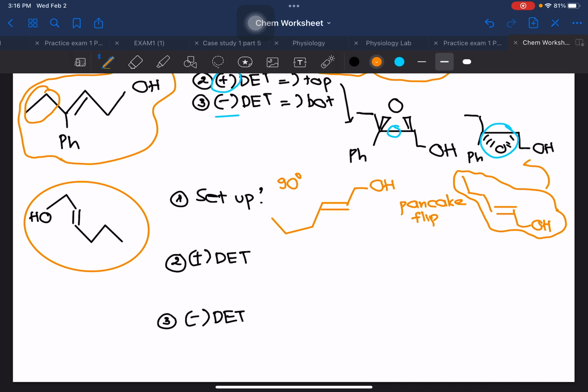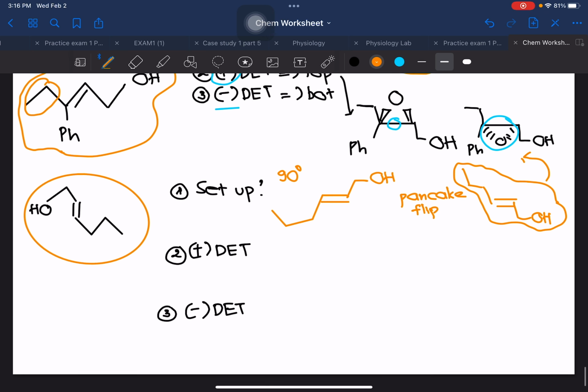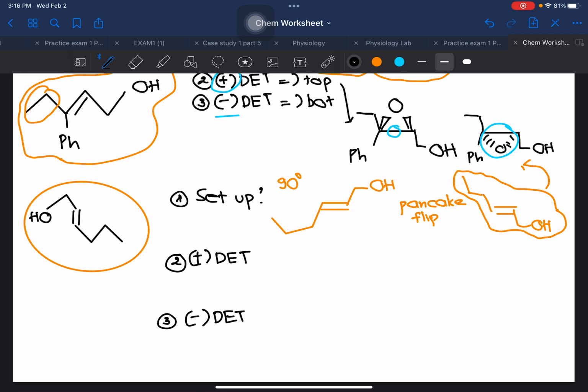You will be adding your epoxide the same way. But what if you keep your setup like this on the left, where you have your double bond horizontal, but then your OH is on the top right? Then now everything's a little bit different.